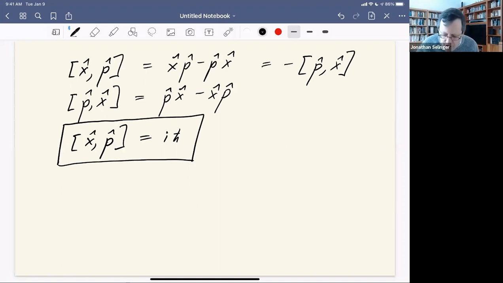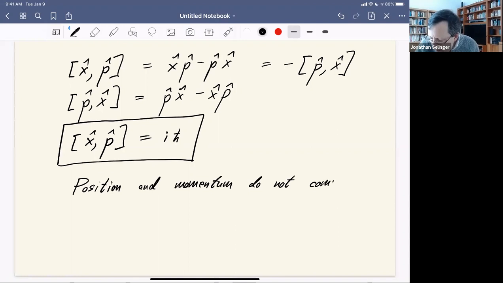Based on this, people would say out loud that position and momentum do not commute. And how different is the product xp from px? Well, this different. i h bar different.